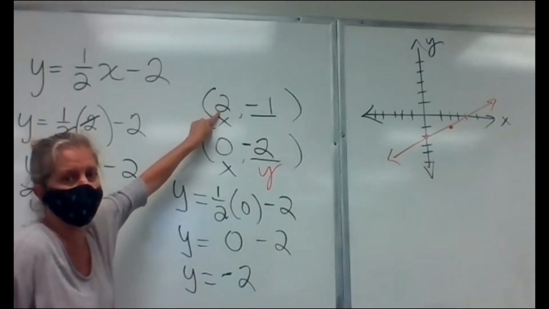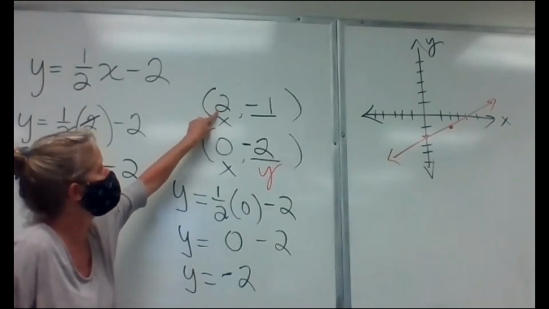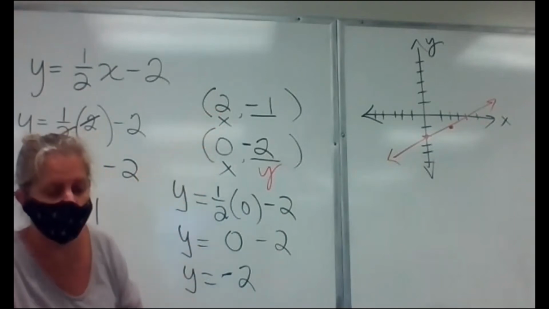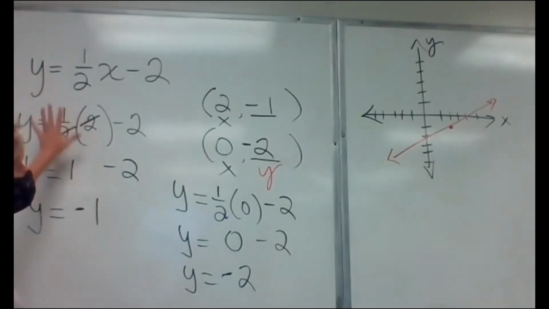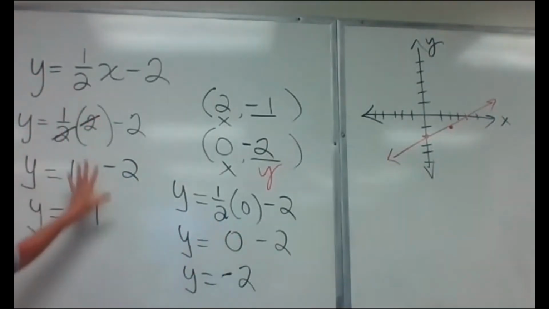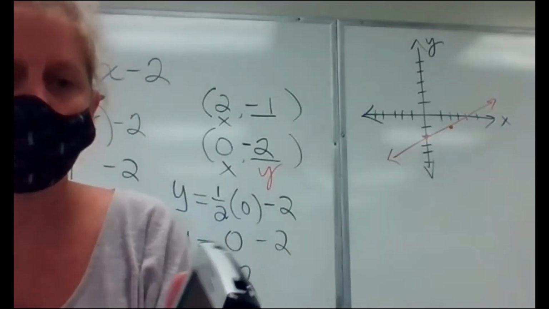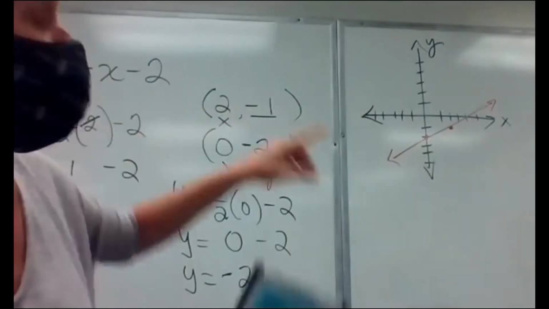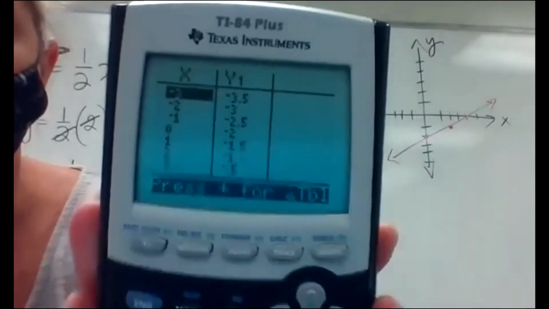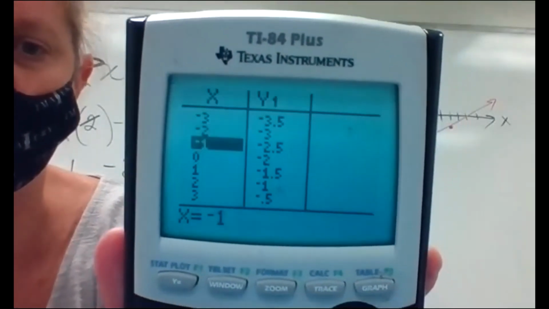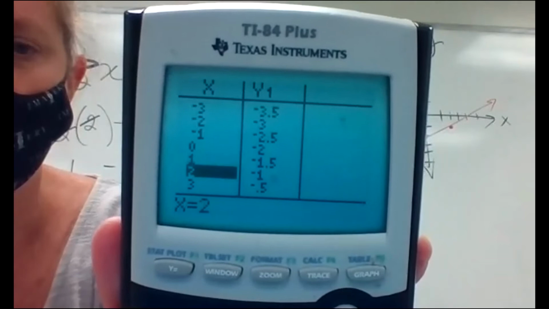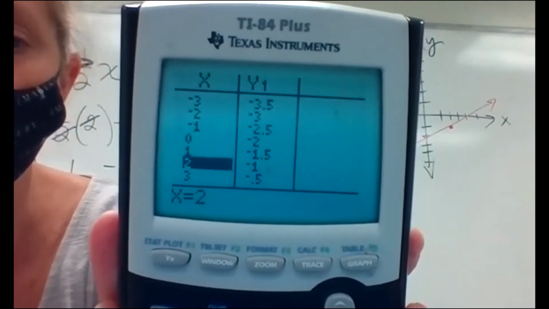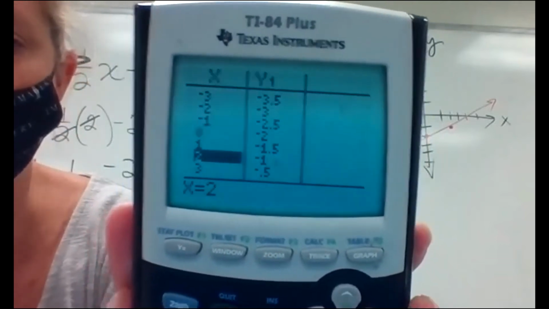It said I want to use the point where the x is 2, and I want to use the point where the x is 0. That's what I did all this math right here to figure that out. But if I use that table function, the first point it wanted to know where x is 2. So look, I'm just going to make my cursor go down. So there's where the x is 2. Look at the y that goes with it.